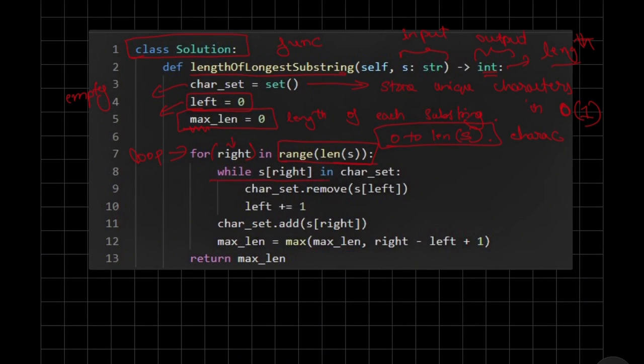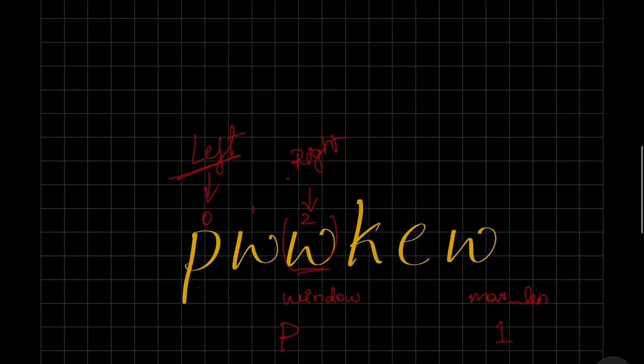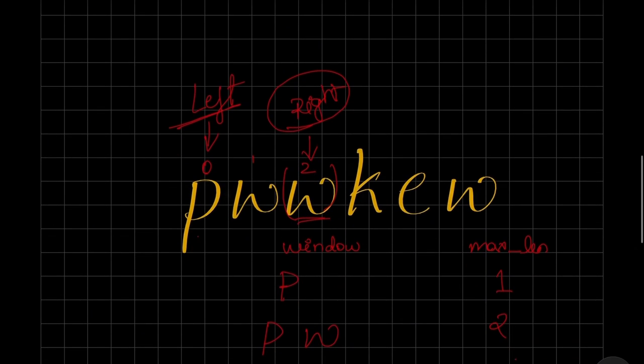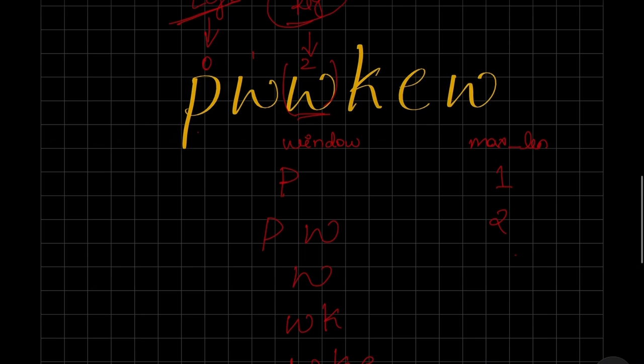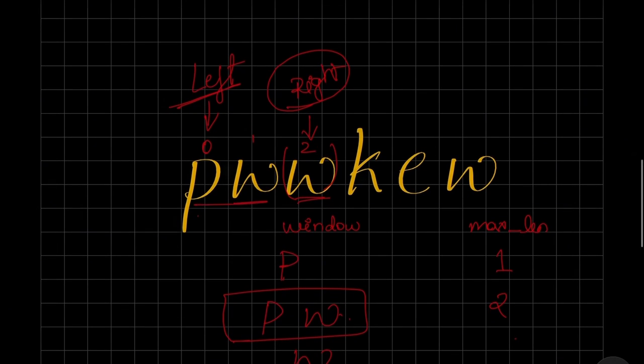While s of right in character set, which means, consider s of right is here, which is w. Now check here, the second time, the substring w already exists because of these first two characters. So s of right already exists in the character set, right?